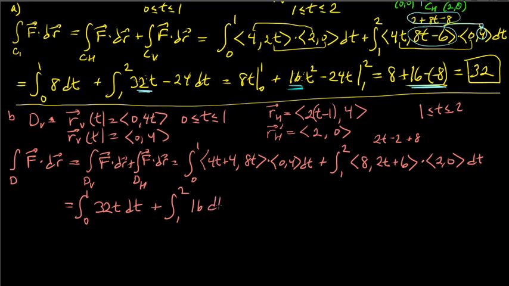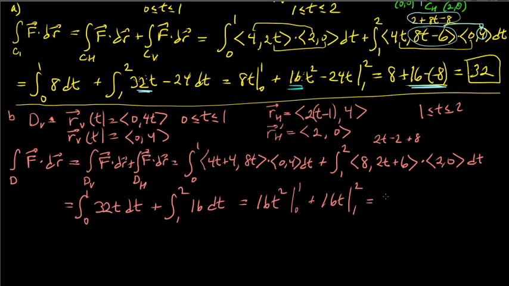So, right. All right, so 32t, integrate that, you get 16t squared. Right. So that's just reminiscent of projectile motion, if it were negative 32t, right? And that's evaluated between 0 and 1, right?